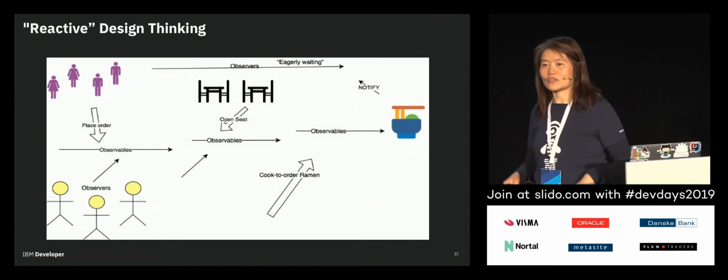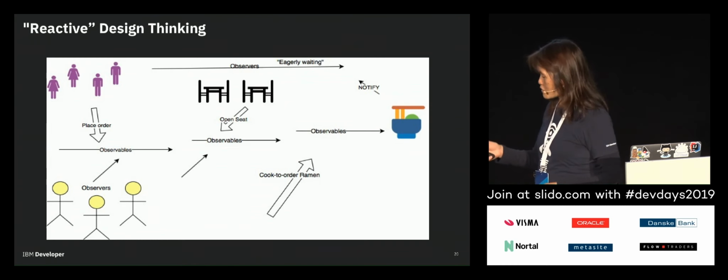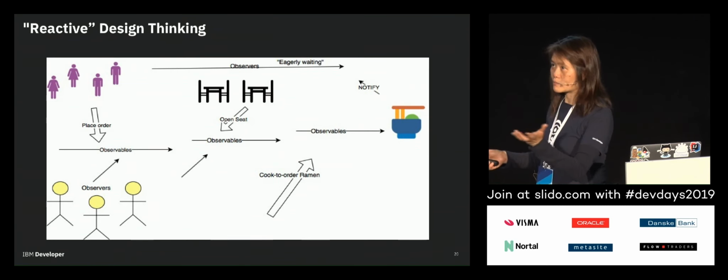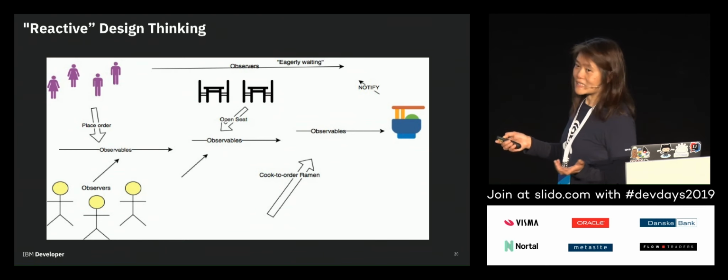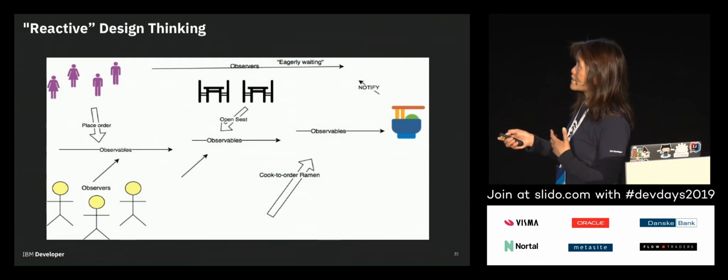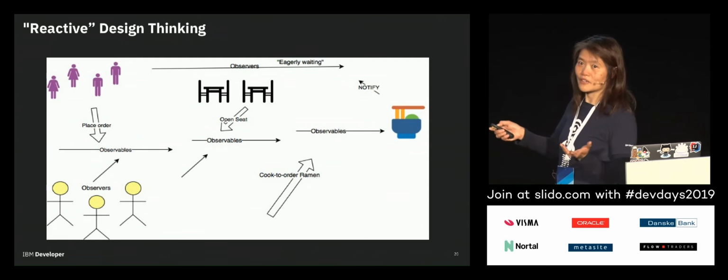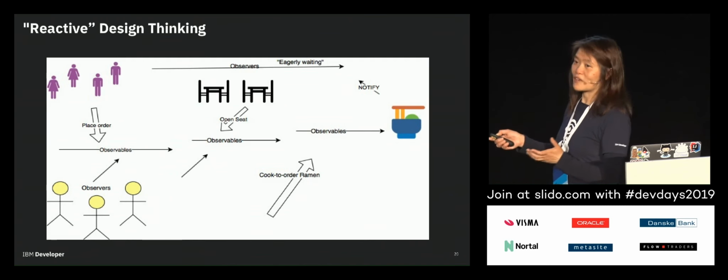As I place an order, the order goes out. The observables are being observed by the waiters at the restaurant. But they cannot tell the cook to cook noodles yet because you need a seat to open up, so there's another observable coming from the seats. Once a seat opens up, you have another event notifying on your observables.